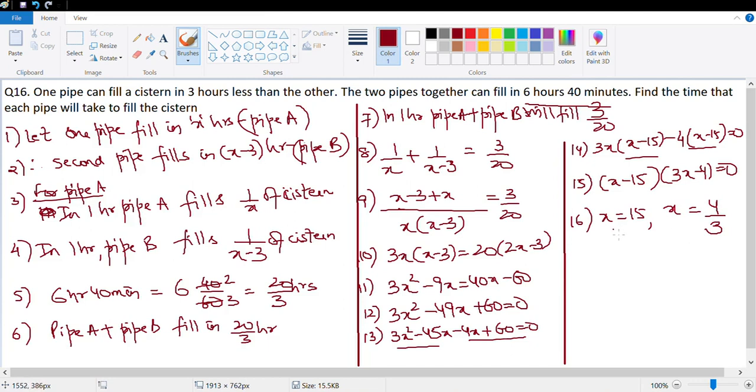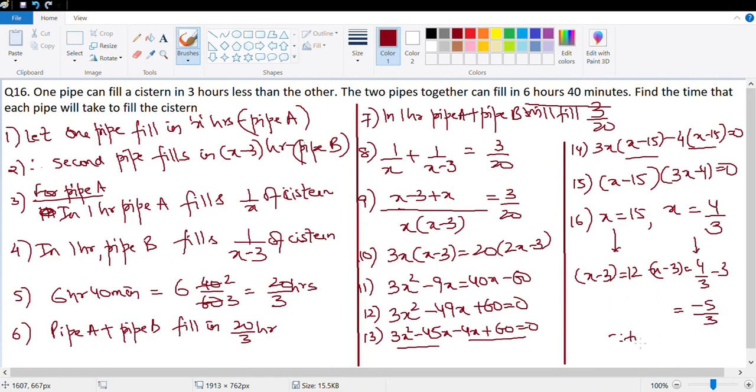So if the first pipe is 15, then x minus 3 would be equal to 12. Now if the first pipe is 4 by 3, x minus 3 would be equal to 4 by 3 minus 3, which will be a negative number, right? That will be 4 minus 9, that's negative 5 upon 3.